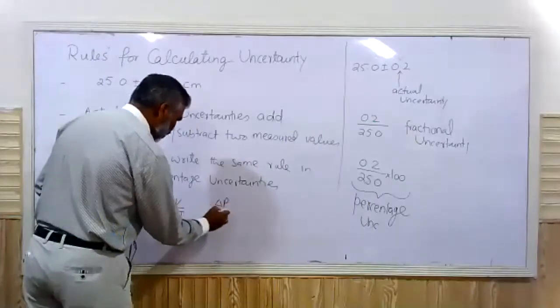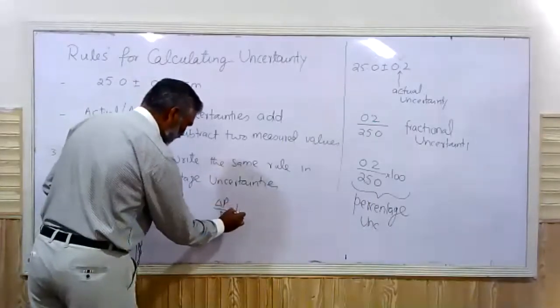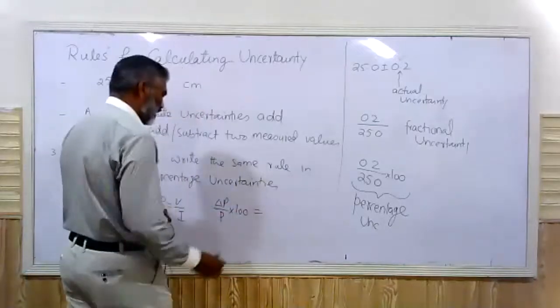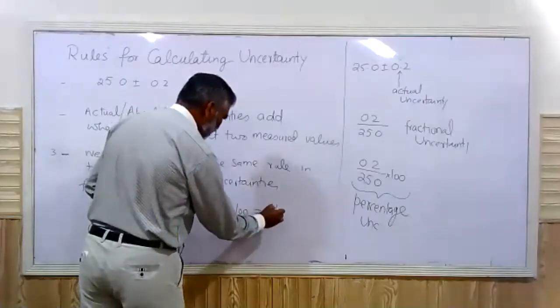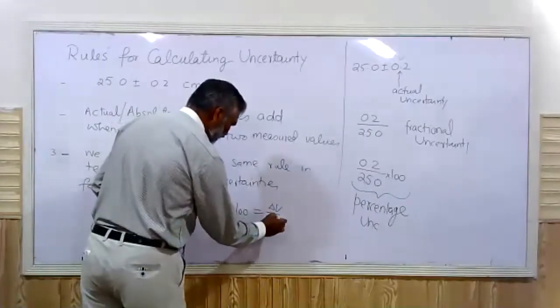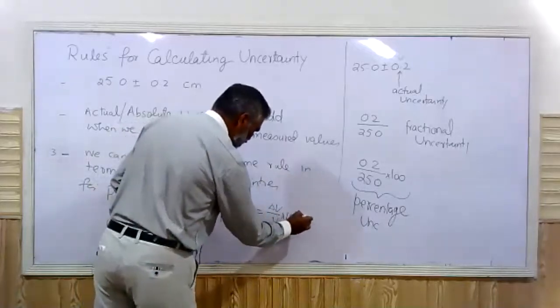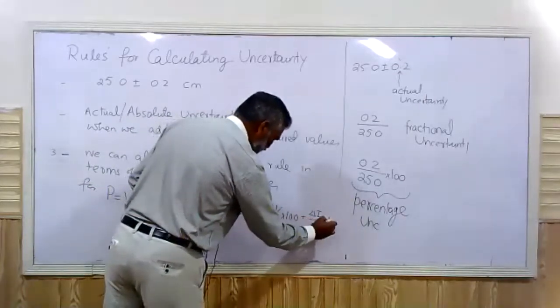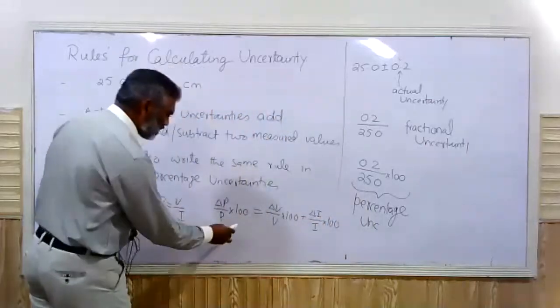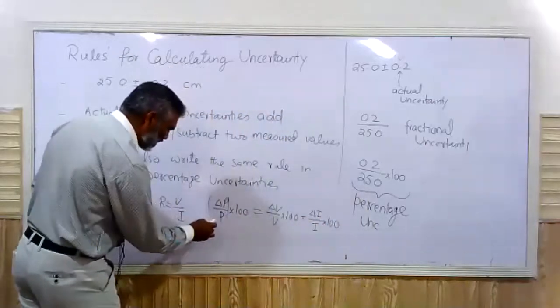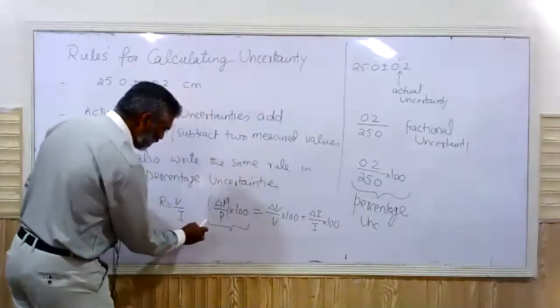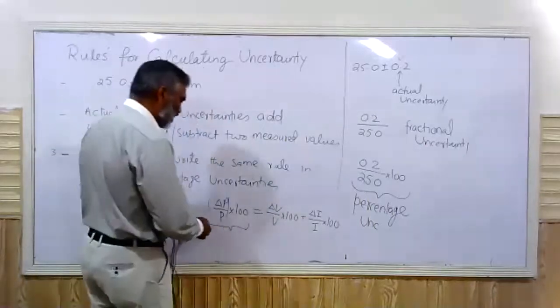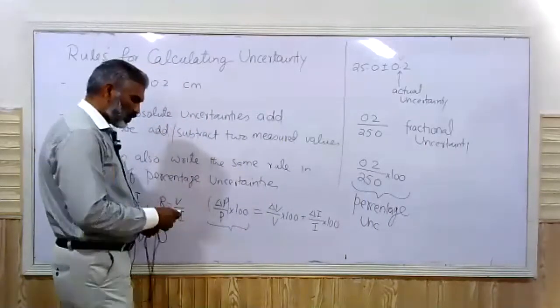delta P over P into 100 should be taken equal to delta V over V into 100 plus delta I over I into 100. That means instead of fractional uncertainties, I'm using percentage uncertainties in each quantity.